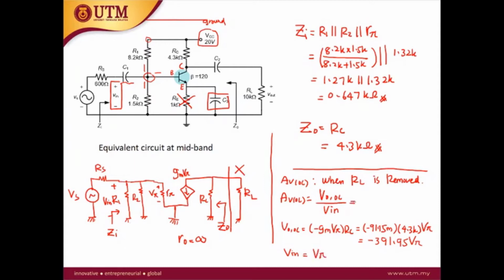When you use the Vout OC and Vin equations to calculate the Av OC, V pi can be cancelled out. So the final answer is minus 391.95.